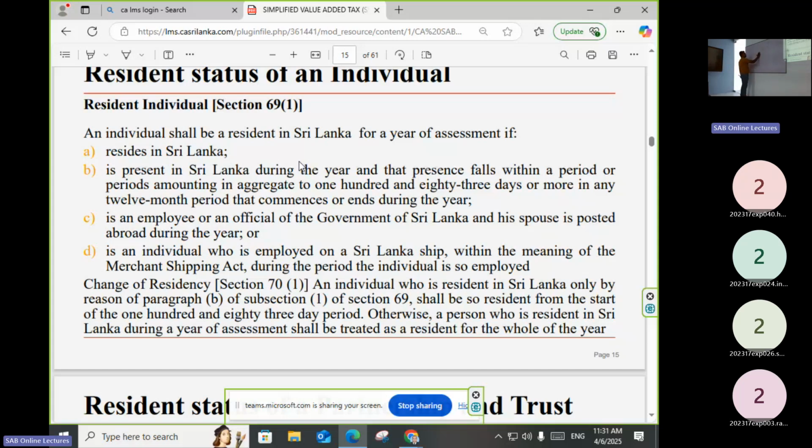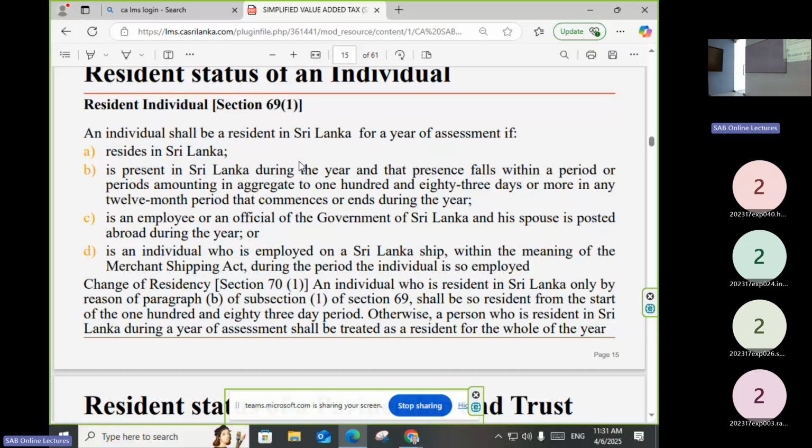If in that 12-month period the individual is physically present in Sri Lanka for 180 days or more, then for that period he shall be considered resident. For the other period, he is non-resident. That is the definition under section 69(1)(b).